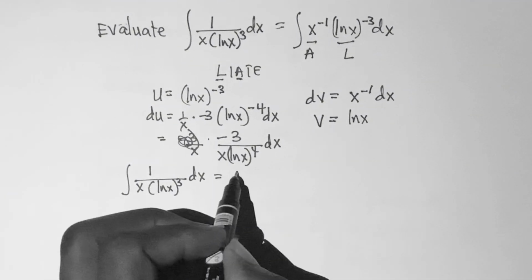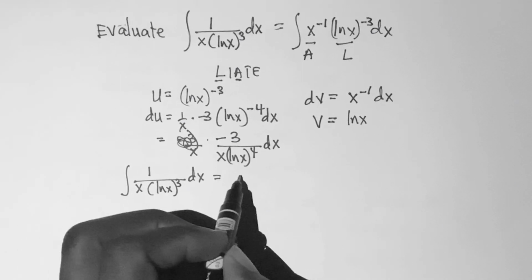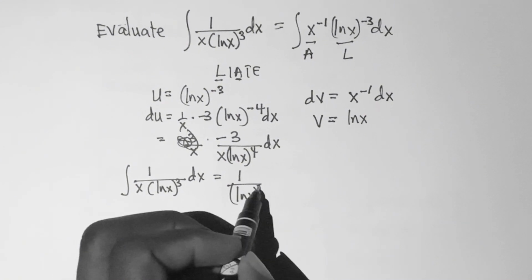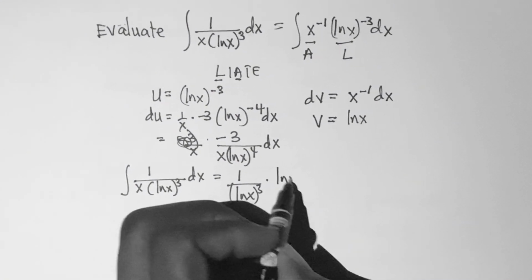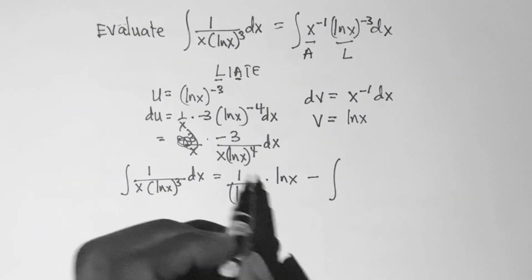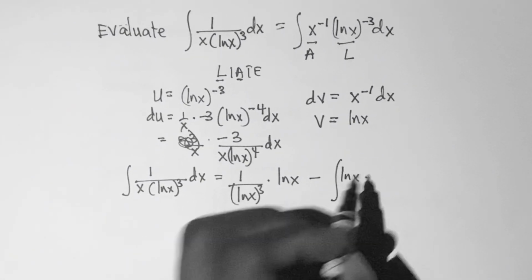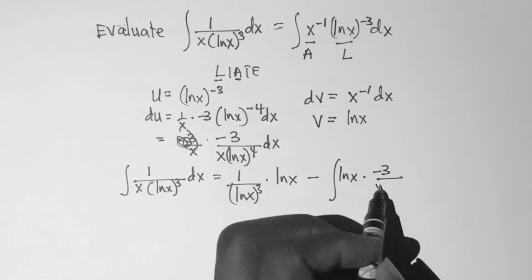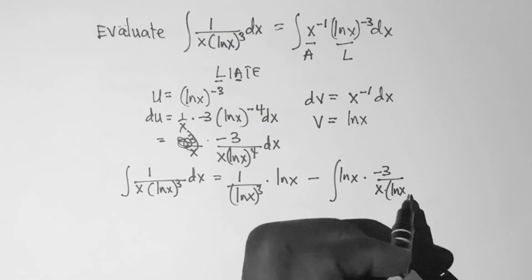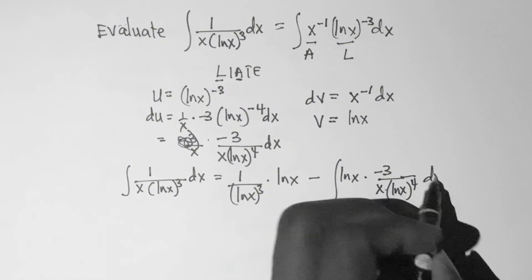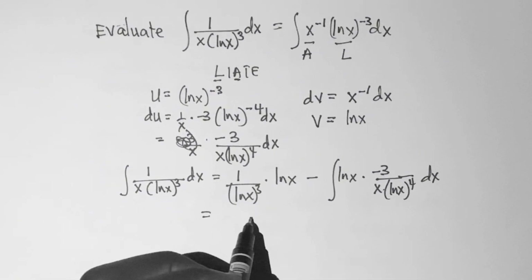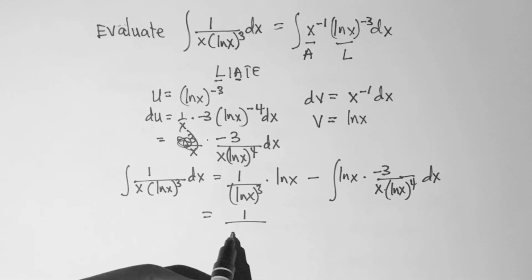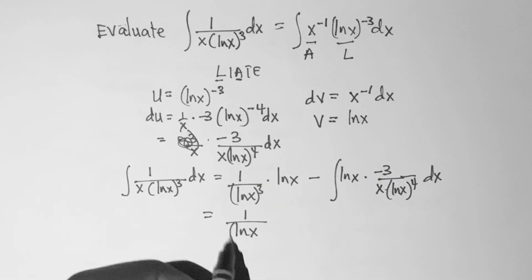This is v, natural log of x, but u is 1 over natural log of x exponent 3 times v, natural log of x, minus the integral of v, which is natural log of x, then times du. Du is minus 3 divided by x into bracket natural log of x exponent 4 dx. So this is equal to, now this natural log of x will cancel one here, so we will be left with 1 divided by natural log of x all squared.